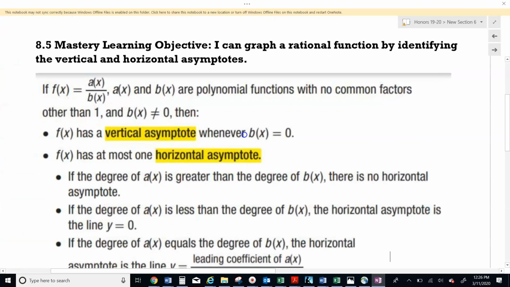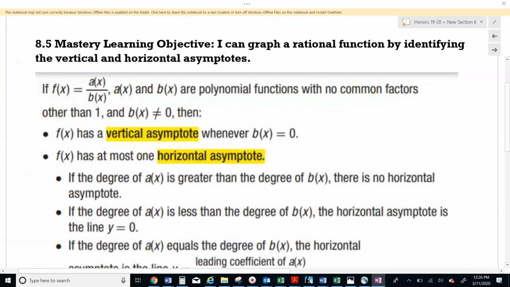Looking at 8.5 now, we're going to start graphing rational functions. Okay? So again, the two main things we need to look at with rational functions are where our vertical asymptote is and where our horizontal asymptote is. We talked about this a little bit when we were looking at vertical asymptotes before.